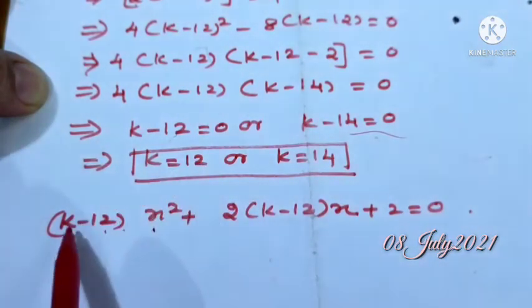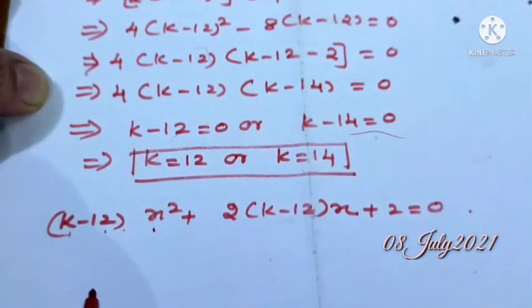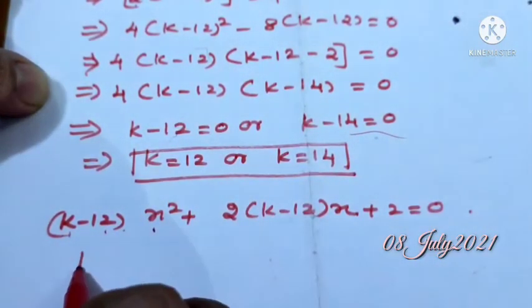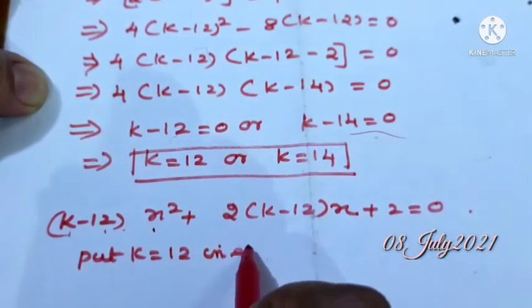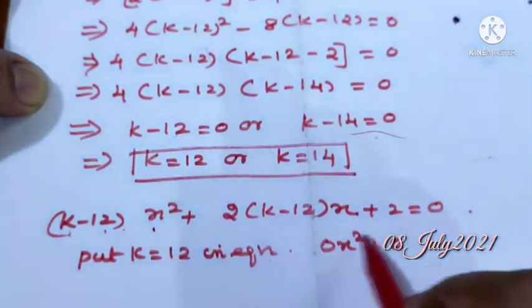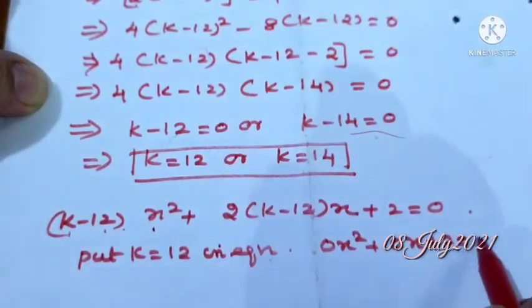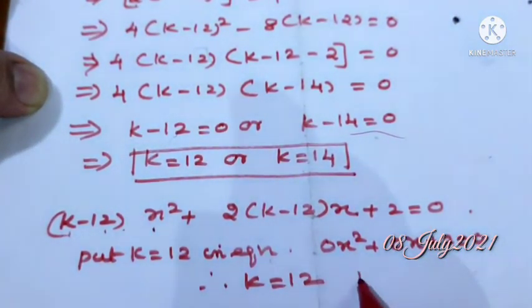So we are not getting a quadratic equation after putting k equal to 12. So put k equal to 12 in the equation: 0x square plus 0x plus 2 equal to 0. Therefore k equal to 12 not possible.